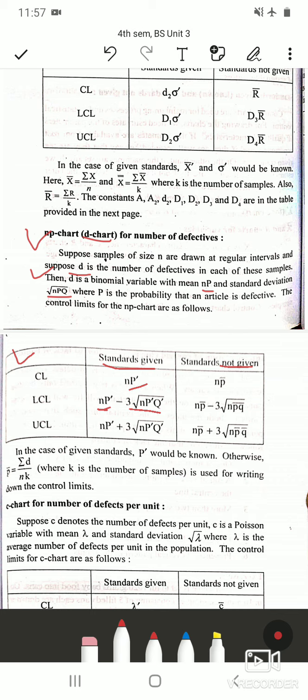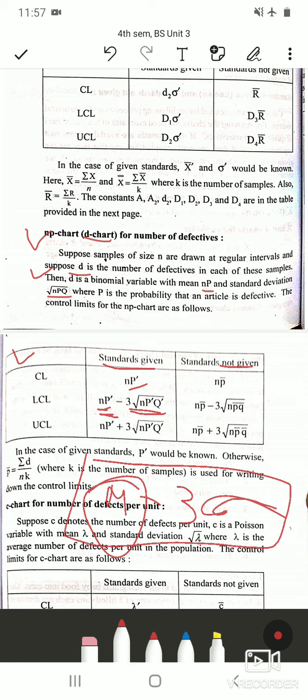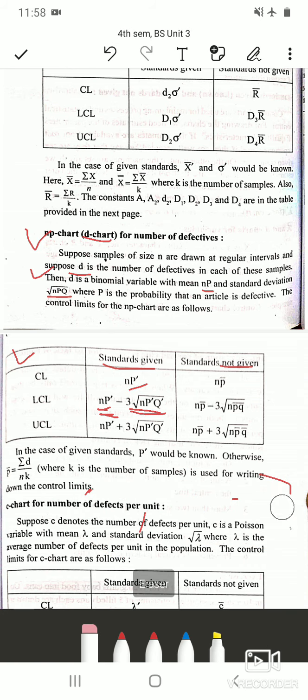This is your mean, so it is of the form mu minus 3 sigma. What is your mu? It is n into p for a binomial distribution. What is your standard deviation? It is root of n p dash q dash. So the base is nothing but mu minus 3 sigma for the lower control limit and mu plus 3 sigma for the upper limit. If you remember this one equation, then you can solve any kind of chart.